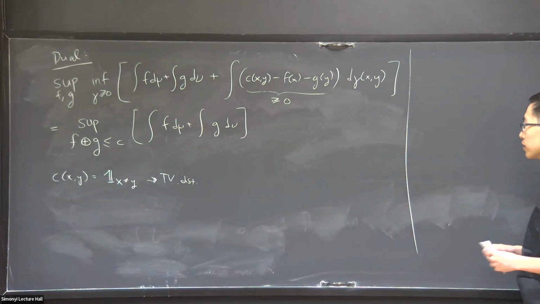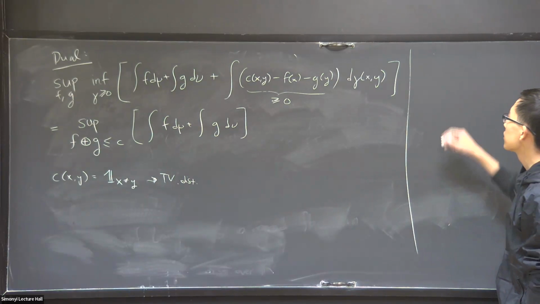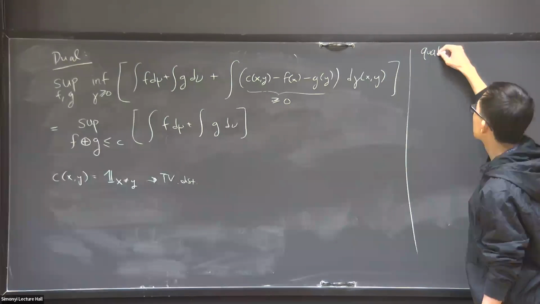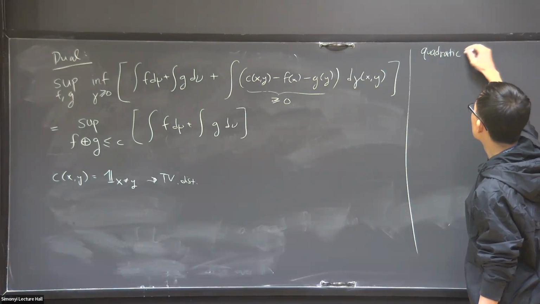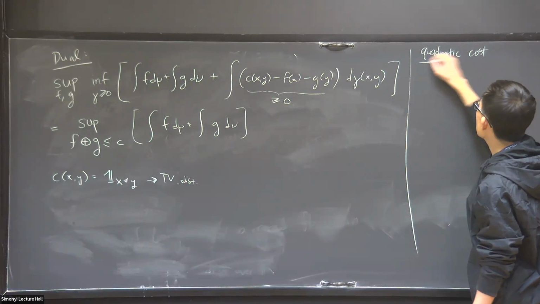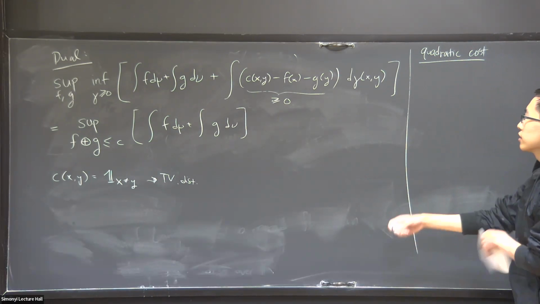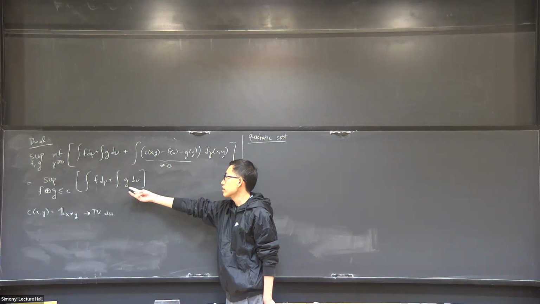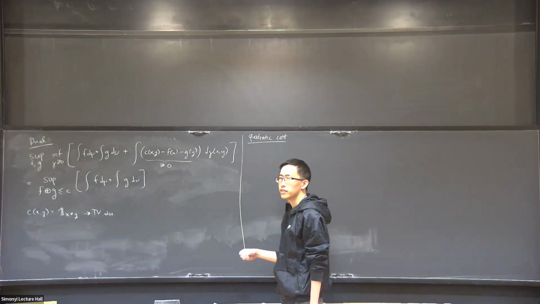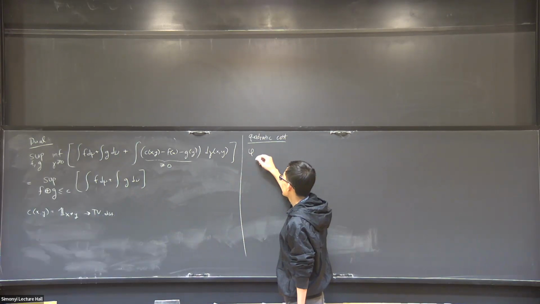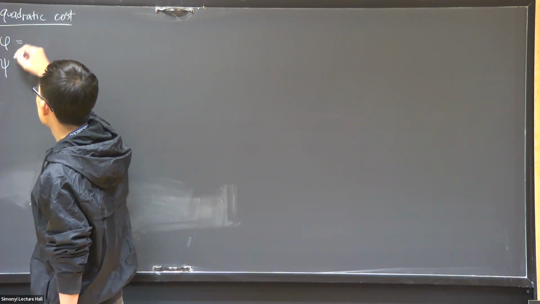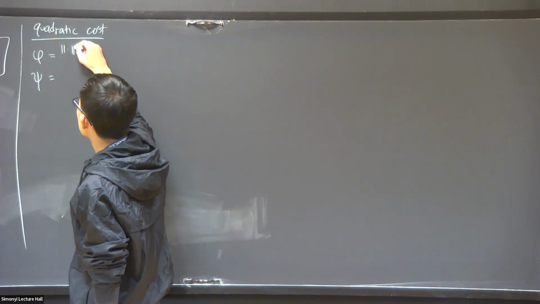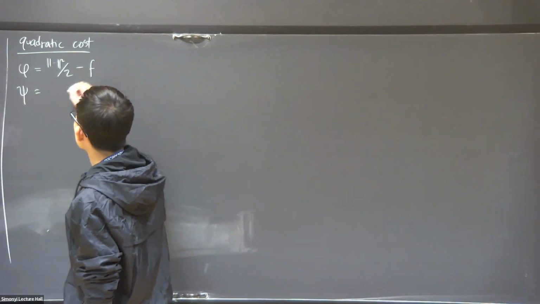Okay, so now I want to specialize to the quadratic cost. For the quadratic cost, it's going to be convenient to think about these variables f and g in a different way. Namely, I'm going to define variables phi and psi, which are just the quadratic function minus these variables.